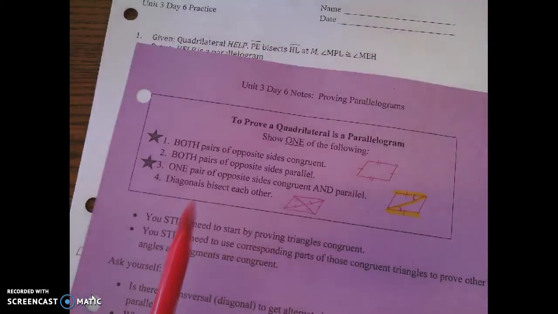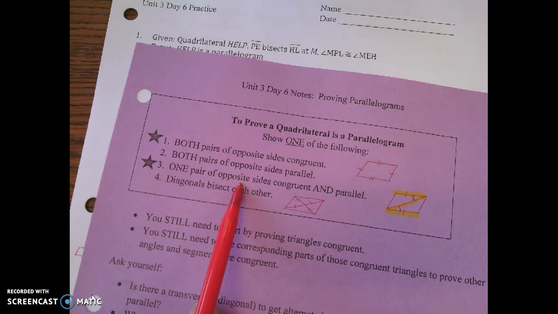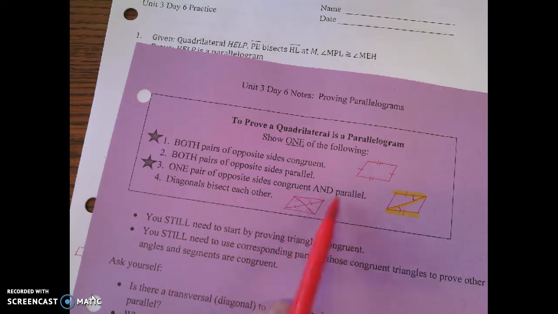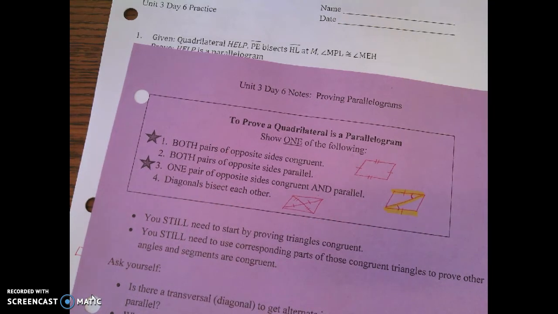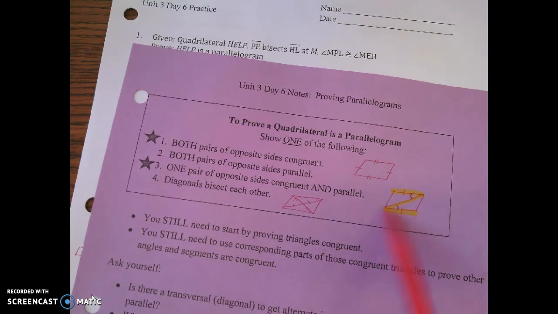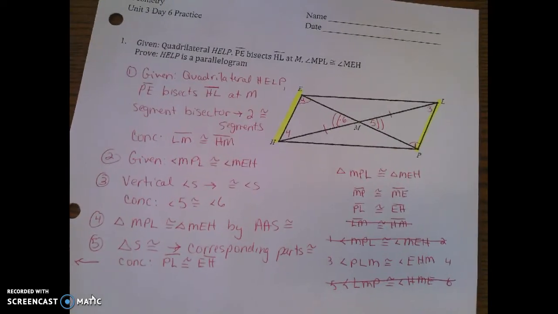Remember, a parallelogram, you need both pairs of opposite sides congruent, or one pair of opposite sides are congruent and parallel. Right now, I just have one pair of opposite sides congruent. But the proof I'm working on looks like this. There is a diagonal that connects these two lines.